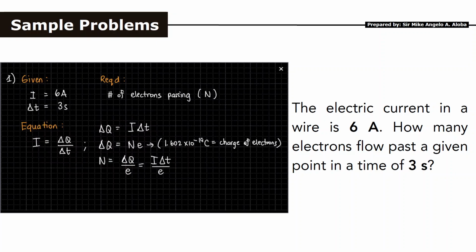So in short, 1 electron is equal to 1.602 times 10 raised to negative 19 coulombs.